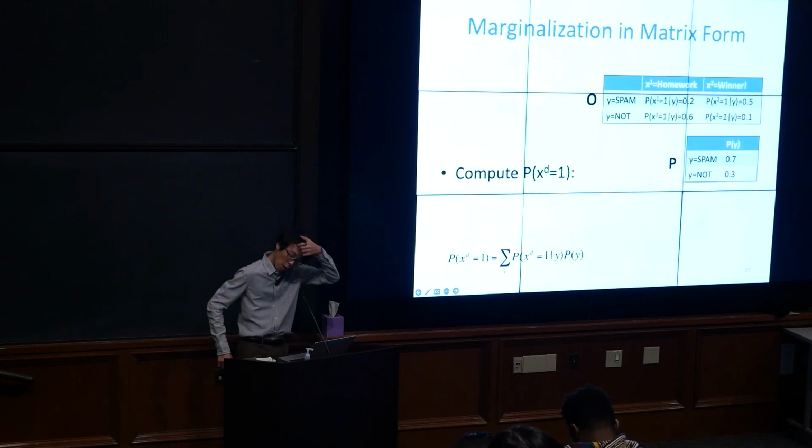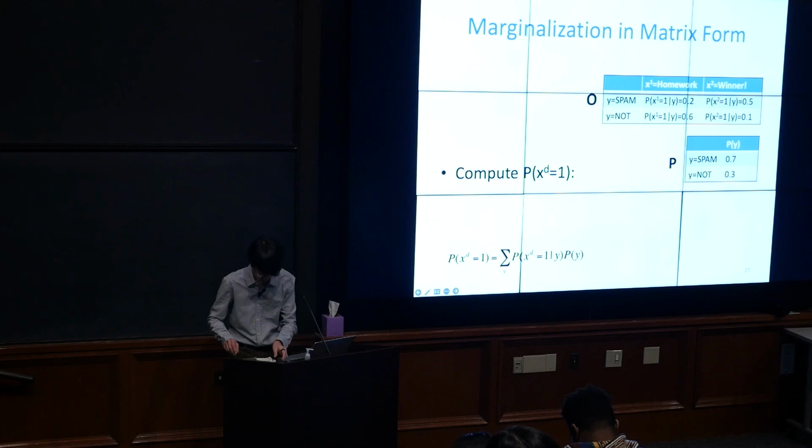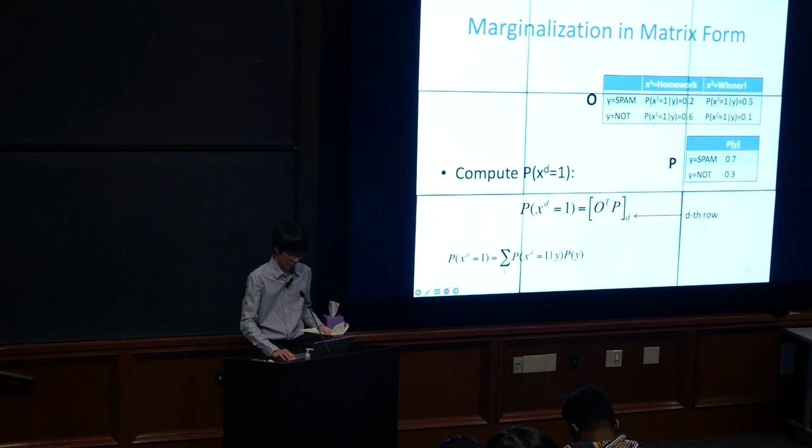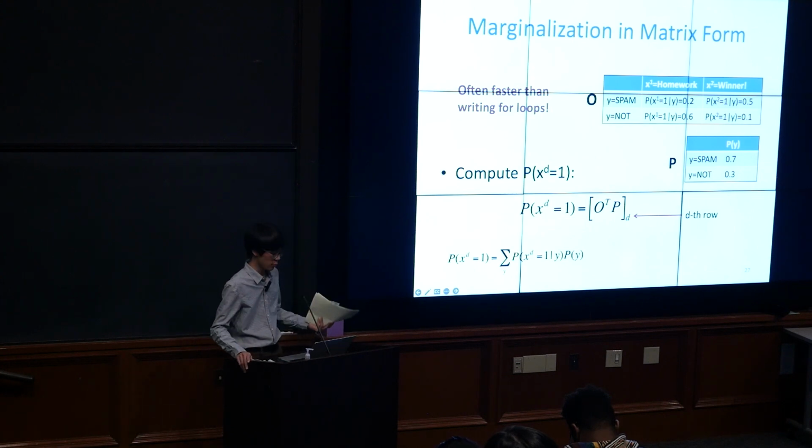We can also do this in matrix form, and this isn't that important. We're including this because this is a computer science course, and we're always thinking about ways of doing this more quickly. We can represent our model parameters as matrices.